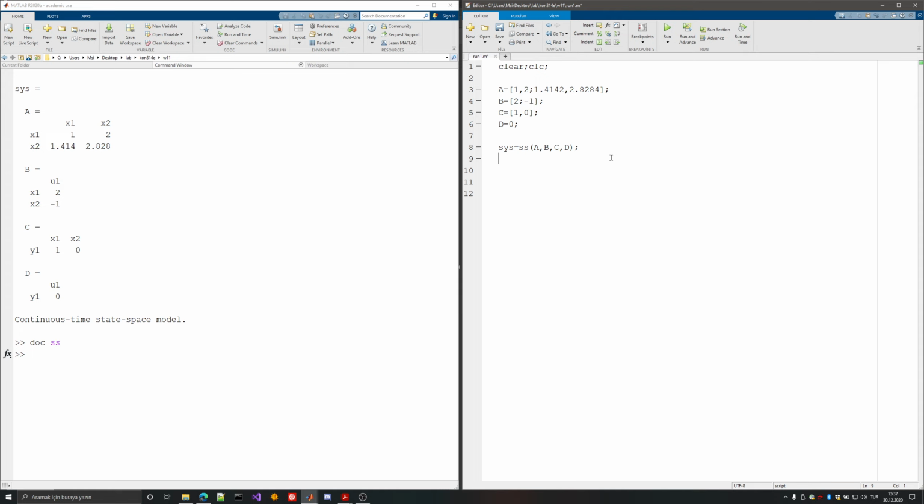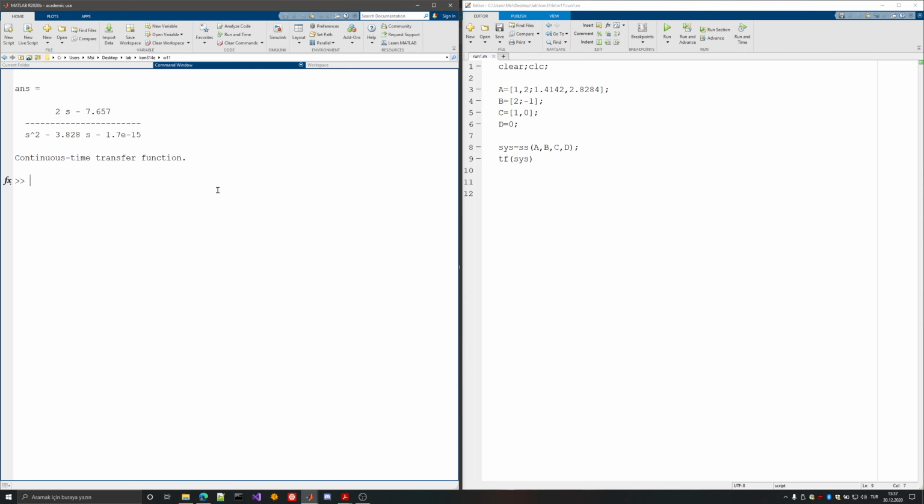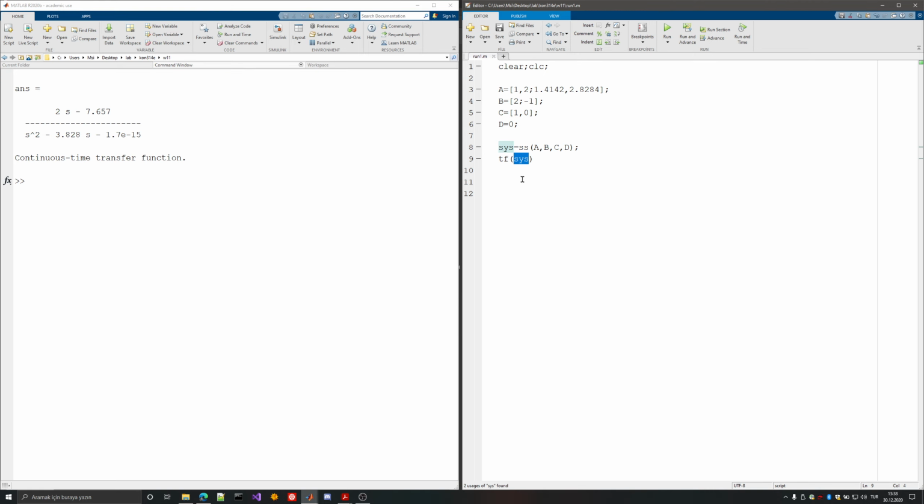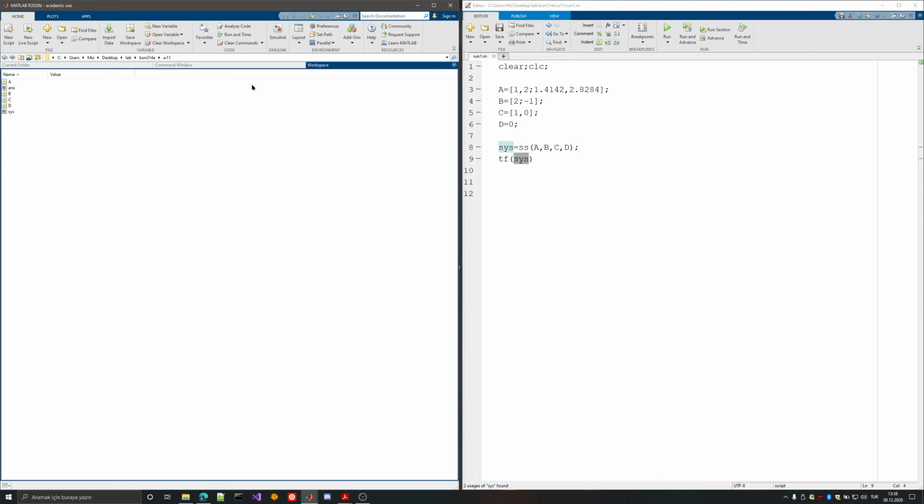Now, how can we find the transfer function? Well, you can just go ahead and use TF and provide the system as an object, and it will give you the transfer function that corresponds to this. So TF can not only be used with numerator and denominator, it can also be provided a system object, since this SS is a system object, a 1-by-1 SS.